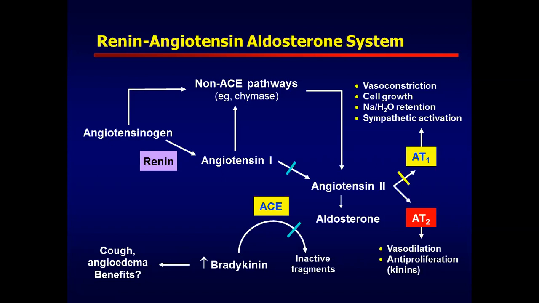But at the same time, it can cause cough and angioedema, which might oblige some patients to stop using ACE inhibitors in about 4% of cases. So that is one side effect of ACE inhibitors.